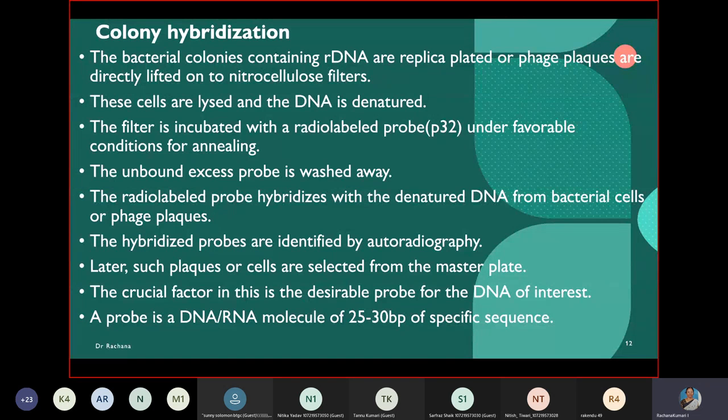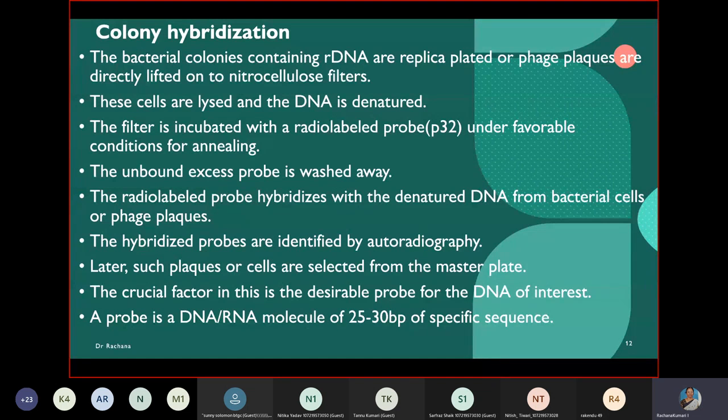Wherever they find complementary regions, the probe will obviously bind. We give half an hour or 1 hour for the probe to identify where the complementary sequences are lying, in which of the colonies or plaques.